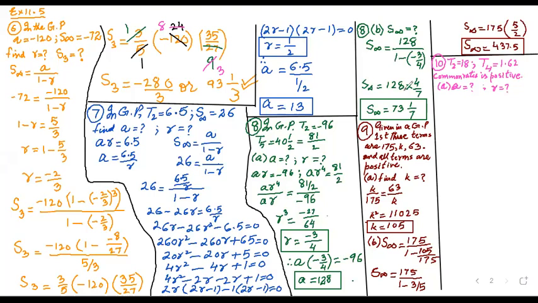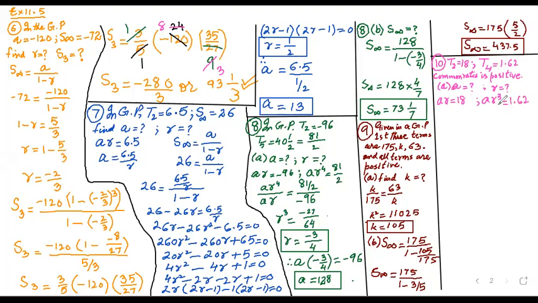So using the given information, T2 is 18, so T2 should be equal to AR is equal to 18. We can call this equation 1. In the same way, T4 can be written as AR cube is equal to 1.62.